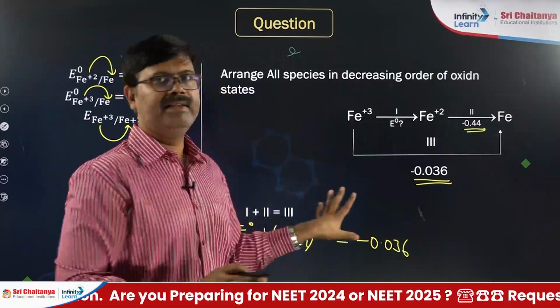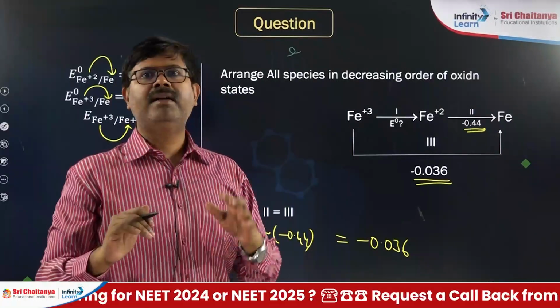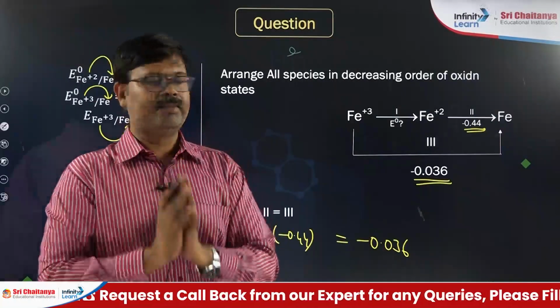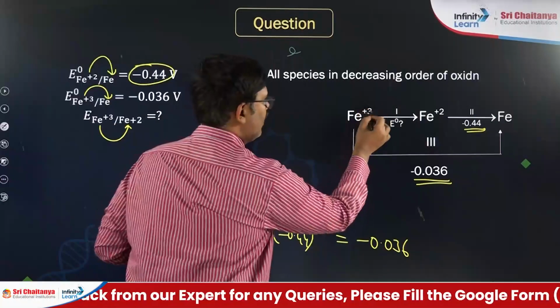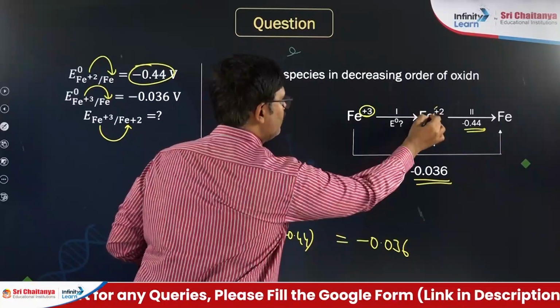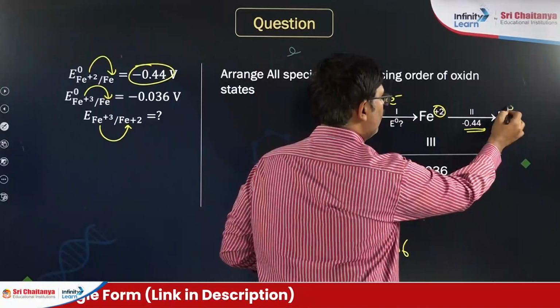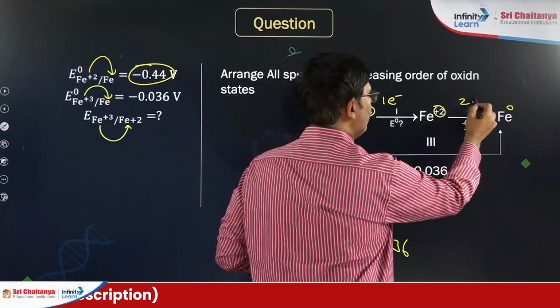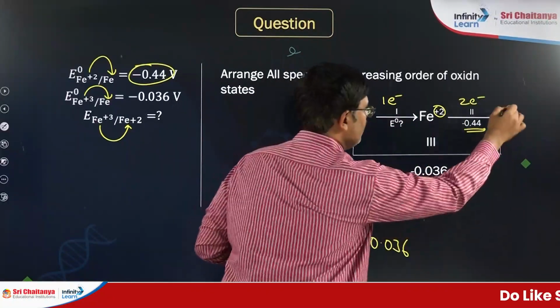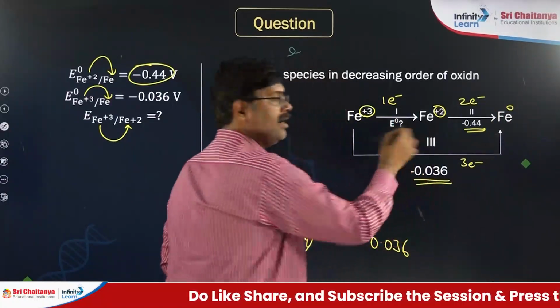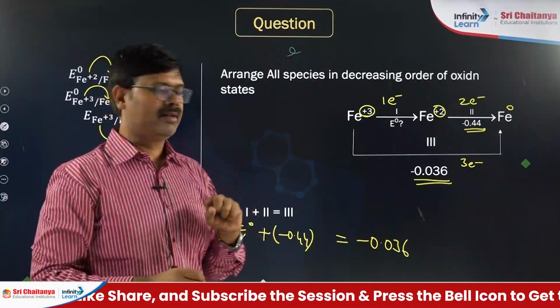After writing like this, multiply with the moles of electrons involved in each corresponding step. For example, first step, what are the electrons involved? Plus 3 to plus 2 means 1 electron. Plus 2 to 0 means 2 electrons. Plus 3 to 0 means in this path 3 electrons. Now multiply with the respective electrons.